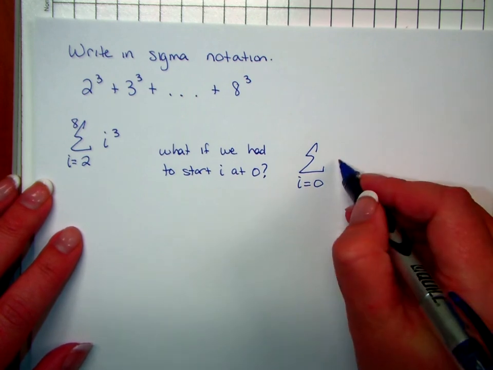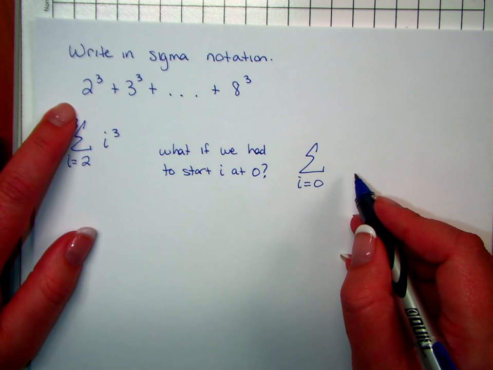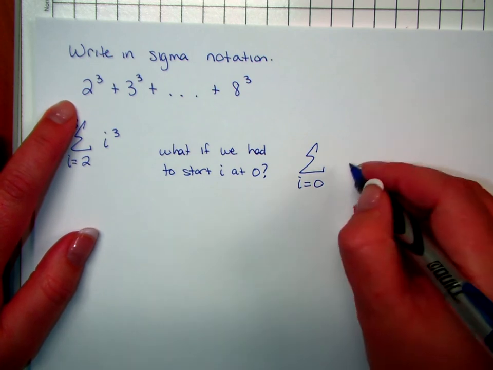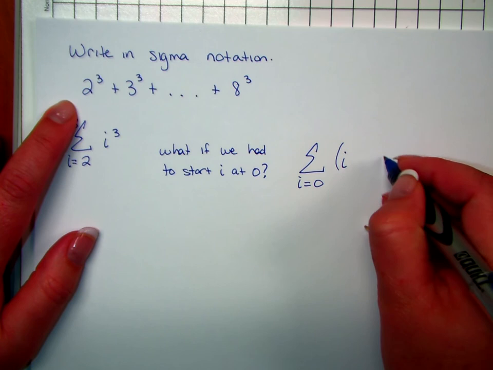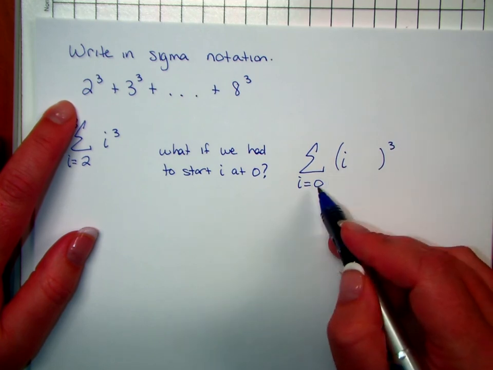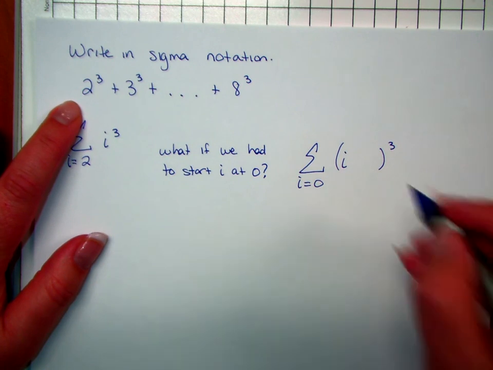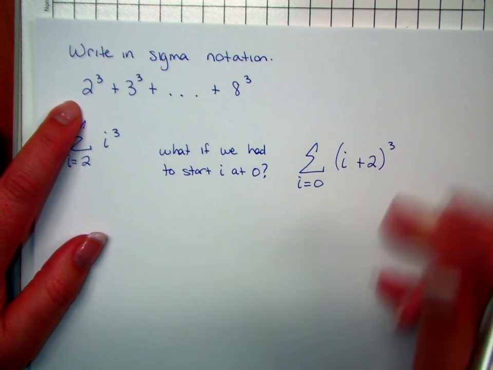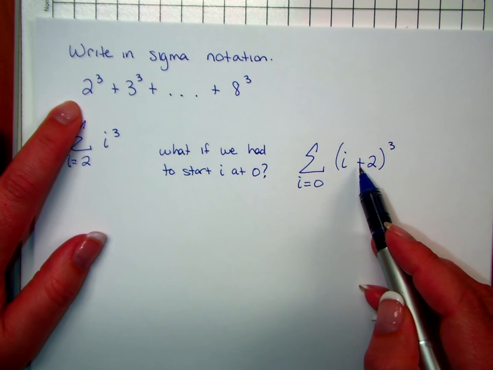When we plug it into our argument, we should get the first term to be 2, right? So we want to do I cubed, but when I plug 0 in here for the I, I want my first term to be 2. So what if I added 2 here? Now I get 0 plus 2 is 2 cubed.